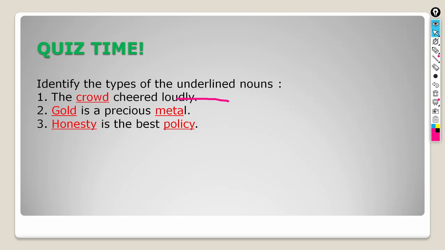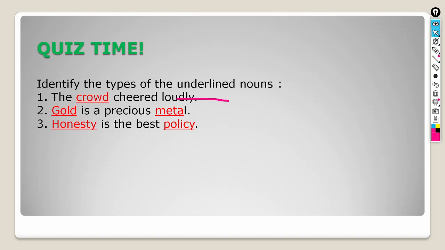So this is the time of the quiz. There are three sentences. You can note down the sentences. I'm reading out the sentences. Identify the types of the underlined nouns. Number one, the crowd cheered loudly. Crowd.